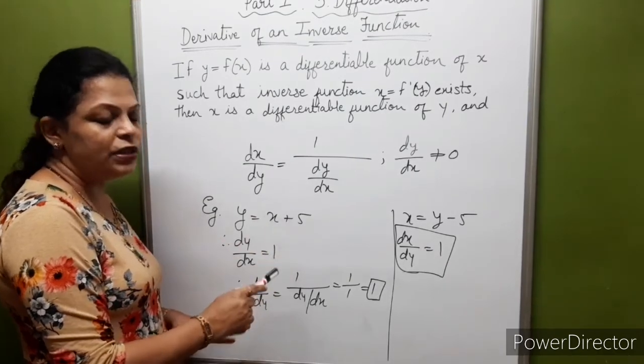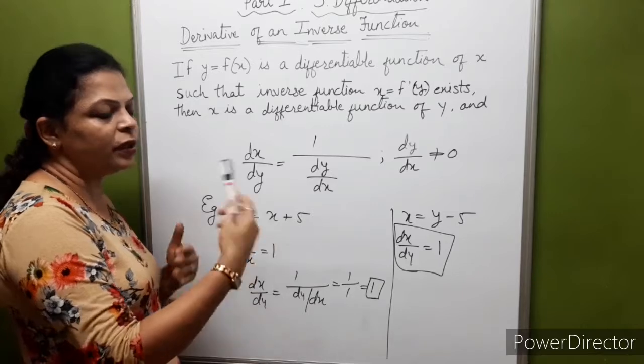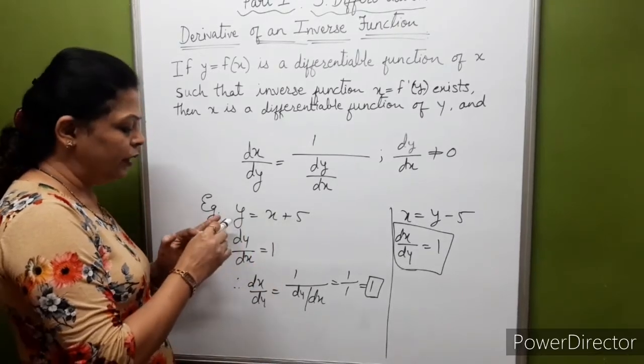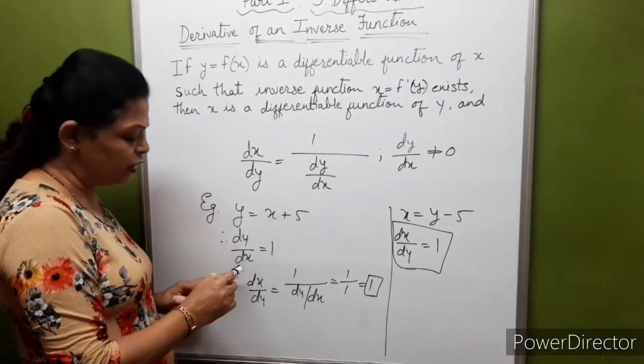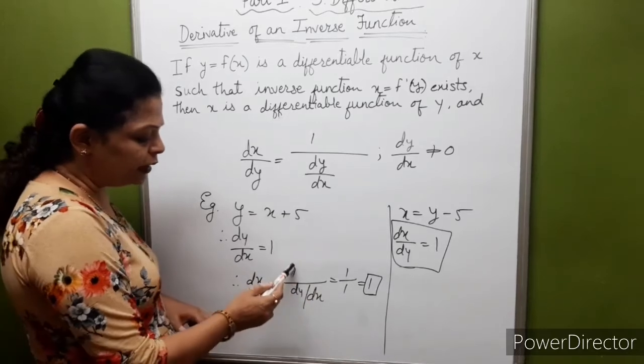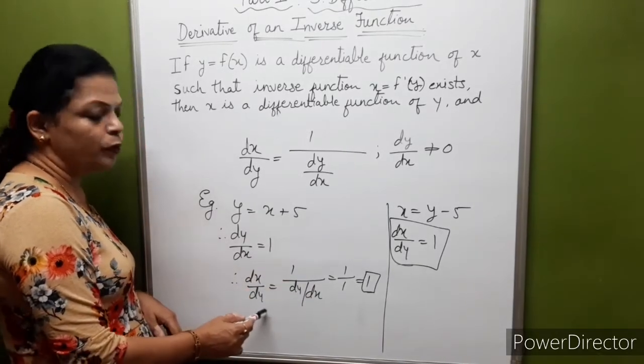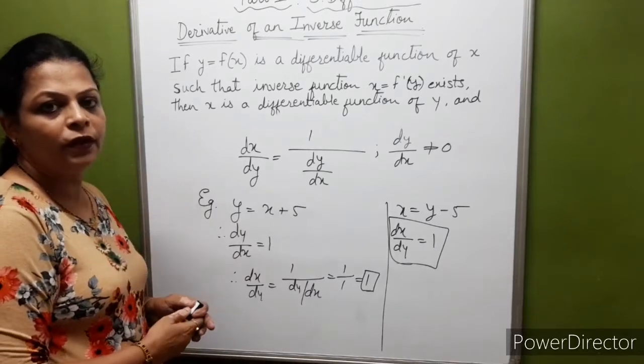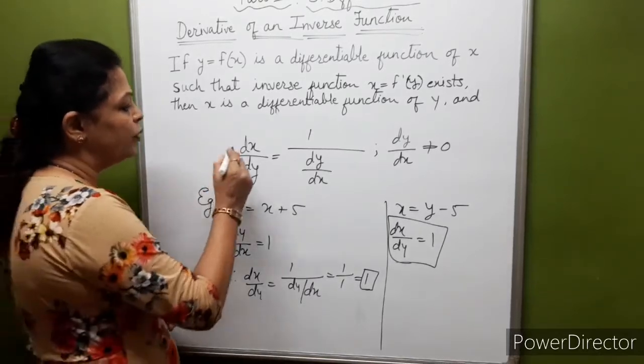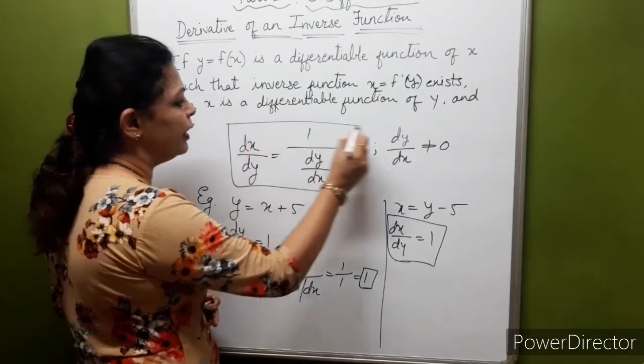So what we do is, instead of transforming x in terms of y, we differentiate the given y with respect to x and then take the reciprocal of it to find the derivative of x with respect to y. Understood? So you have to remember this formula. This is very important.